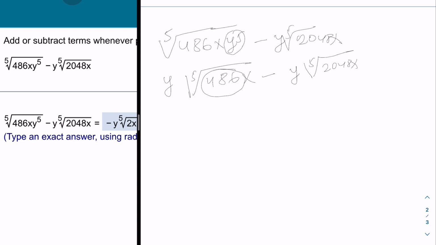5, 486. Man, my calculator is always showing the decimal, but we cannot write a decimal here.